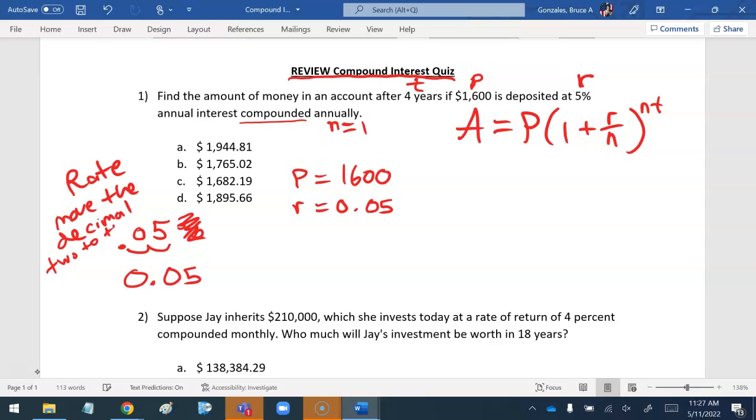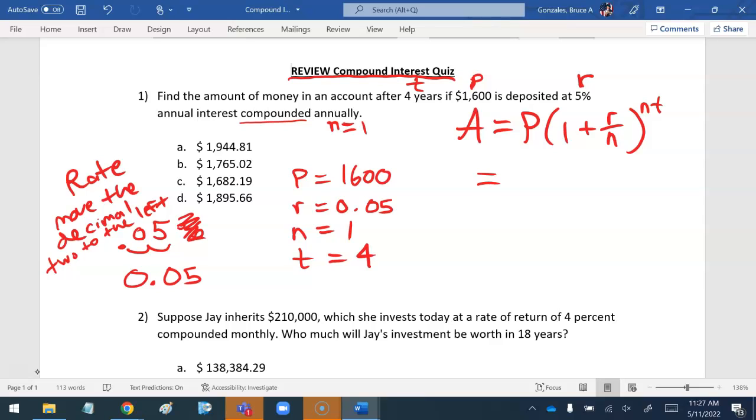N, the amount it's compounded, is 1 because it's annually, and T, the number of years, is 4. Now all you have to do is plug it into this formula over here.